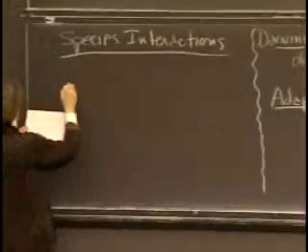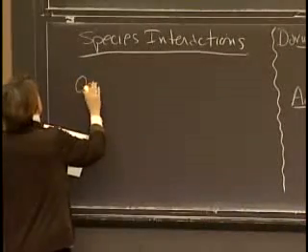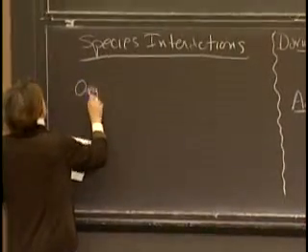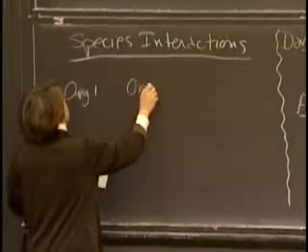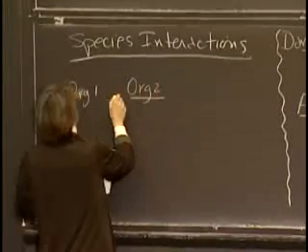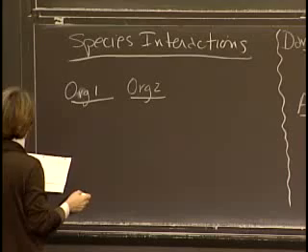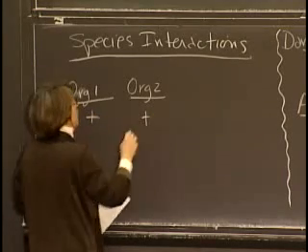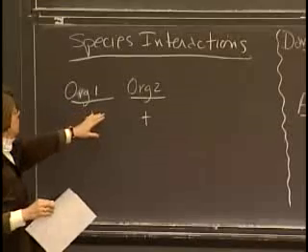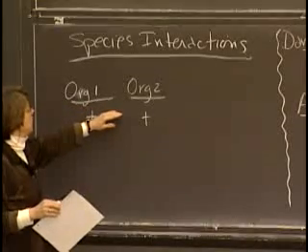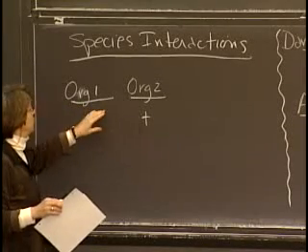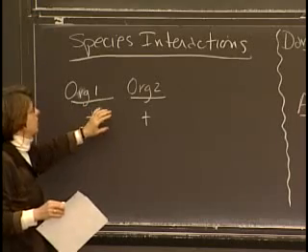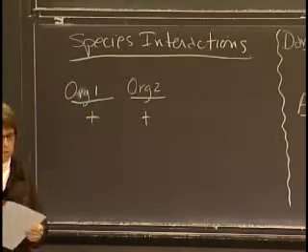So when we talk about species interactions, there are several possibilities. If we have organism 1 and organism 2, we ask, how does the presence of organism 2 in the presence of organism 1 affect the fitness of the two organisms?